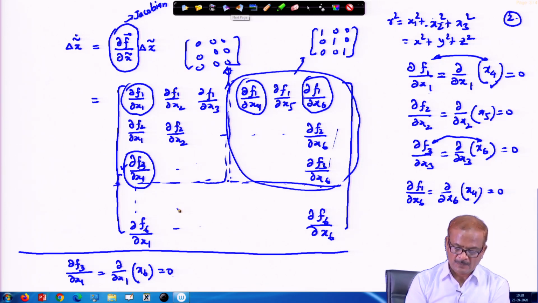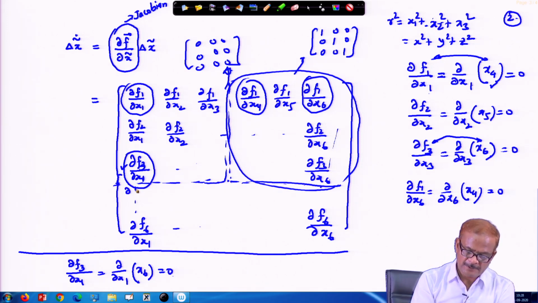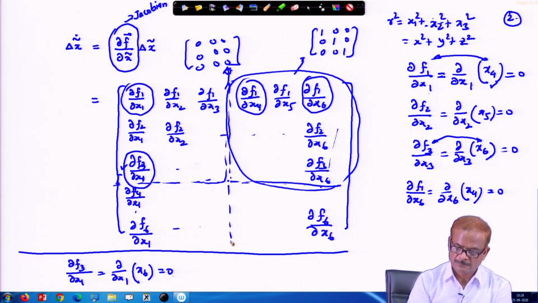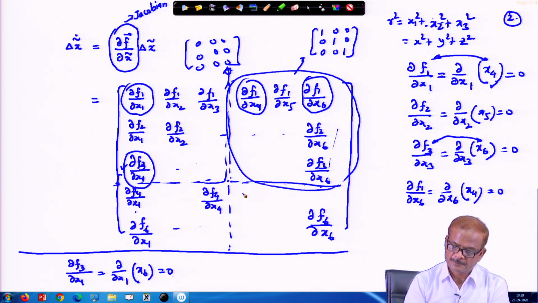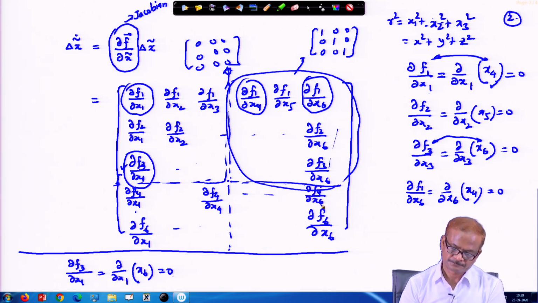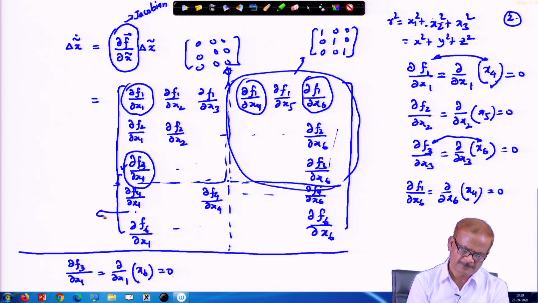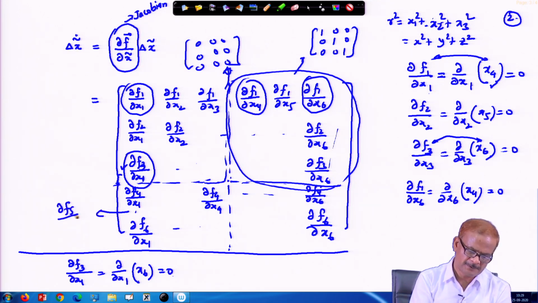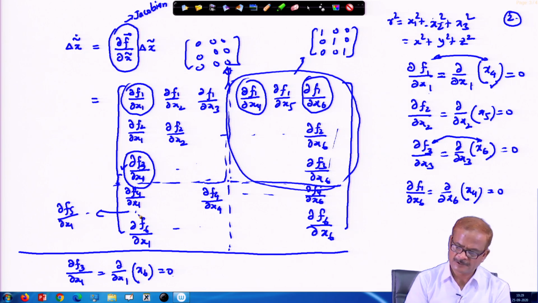Okay. Rest then, from here we will have dou f 4 by dou x 1 and so on, and here dou f 4 by dou x 3, and this will go up to dou f 4 by dou x 6. And of course, here your dou f 5 by dou x 1 will start from this place.